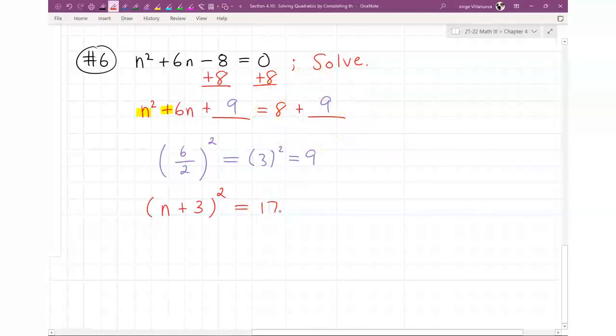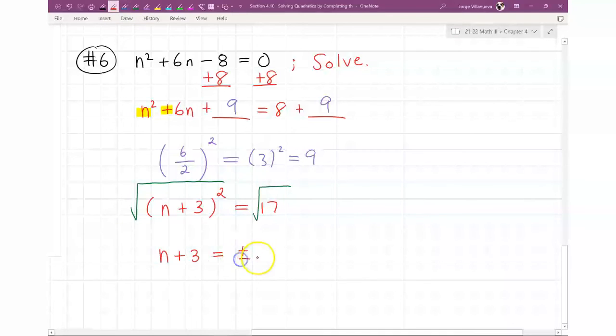Okay. Now they're going to say, okay, you've done everything you need to do. Solve. Get n by itself. You see how n is trapped inside of something squared? How do I get rid of a square power? Square root. So here we go. Let's take a square root of both sides. The only thing you guys got to remember about square roots is that there's always positive and negative answers.